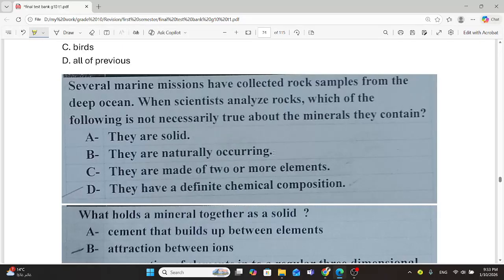He says "not necessarily true". Since they analyzed rocks from the deep ocean, these are mostly sediment, so they are not necessarily made of two or more elements. Okay, not made of two or more elements.